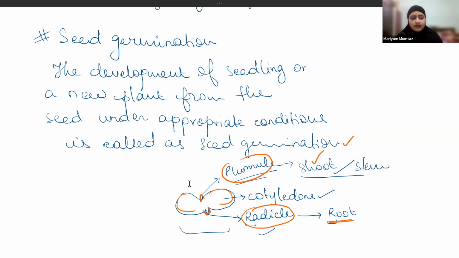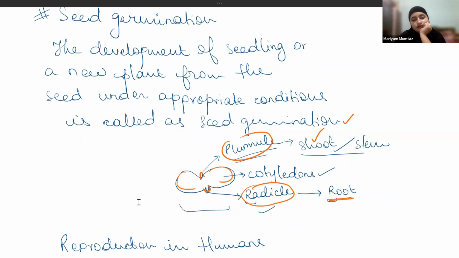See, there are some plants that have flowers, and there are some plants that do not flower. I'm asking about those plants that do not flower. Do they reproduce or not? Yes, ma'am, they do.